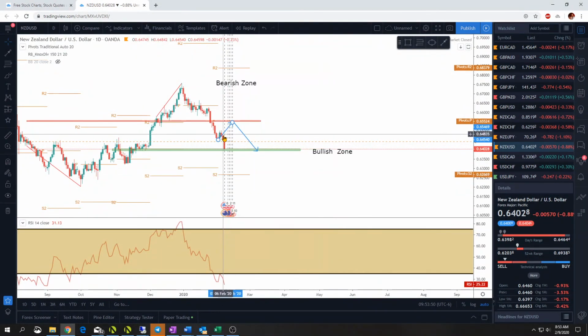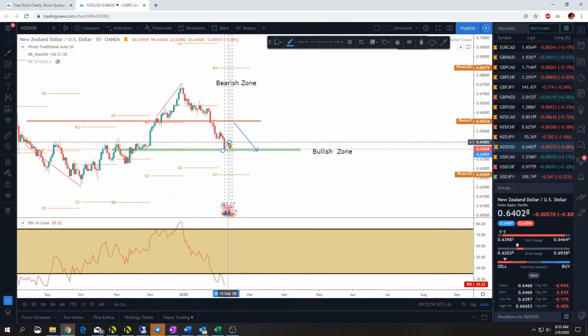Here's why. I think we're going to get a small pullback, and maybe a possible break. All right, so I think we're going to get a little bit of a pullback here, and this is where I want to look to sell.